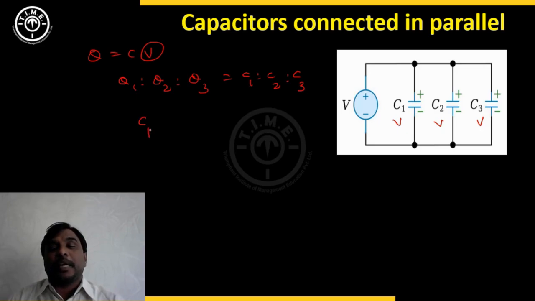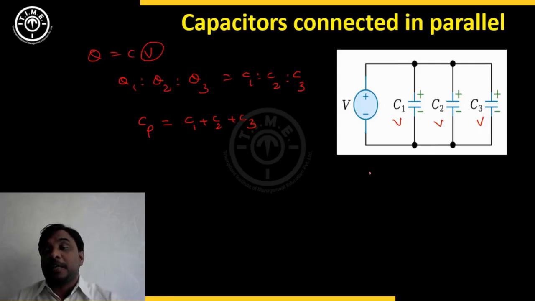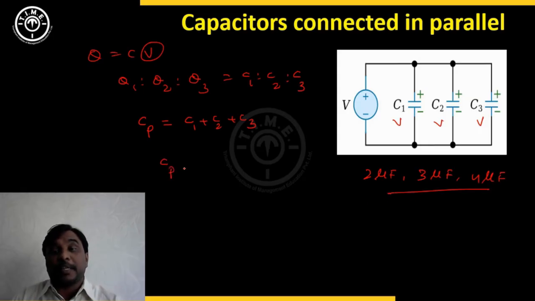If capacitors are connected in parallel, Cp is equal to C1 plus C2 plus C3. Effective capacitance increases. Similarly, if 2 microfarad, 3 microfarad and 4 microfarad are connected in parallel, the effective capacitance is greater than the greatest capacitance.